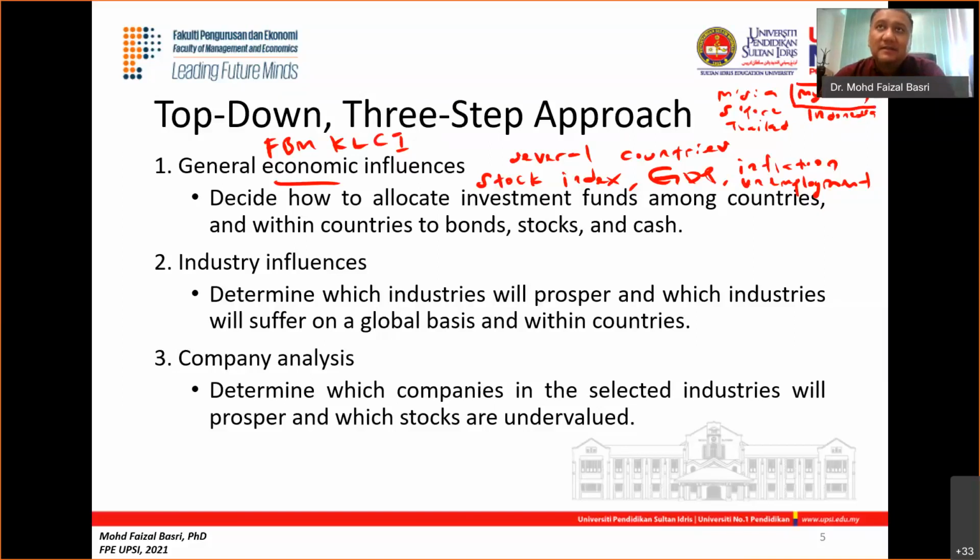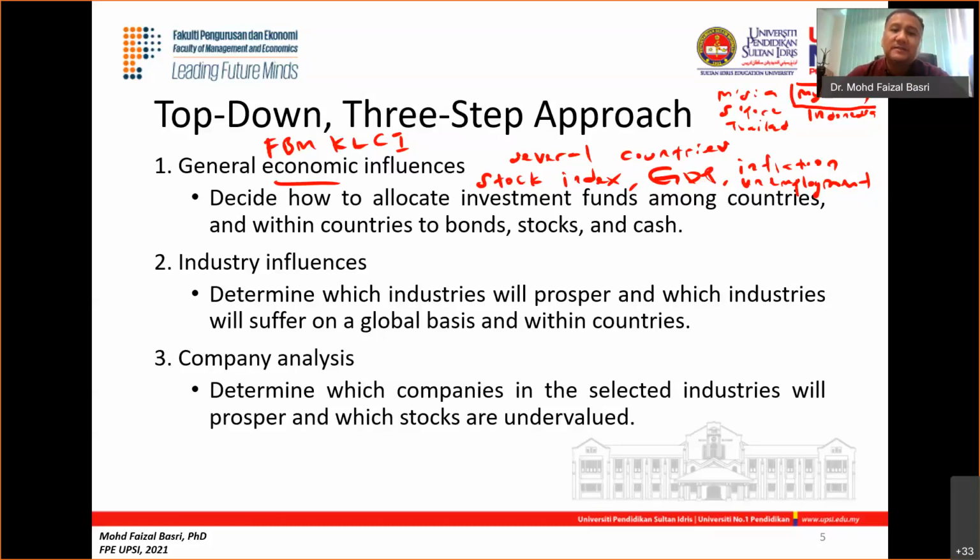There's a lot of unrest among the people of Myanmar because of political instability. Obviously, when it is politically unstable, it will affect the economy as well. So from there, you can eliminate some countries that might not be attractive enough for investment.